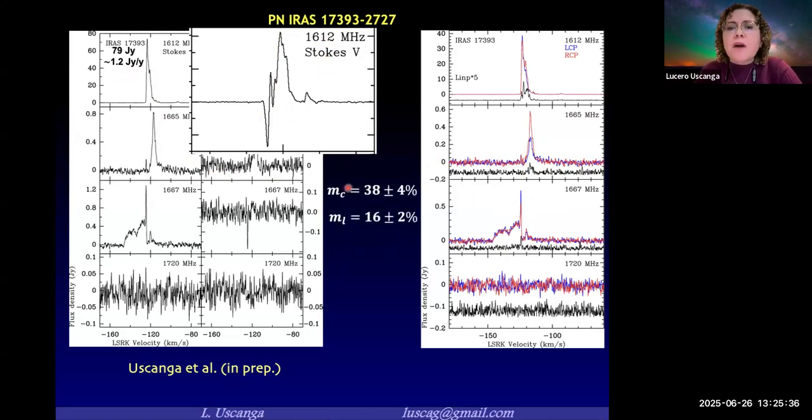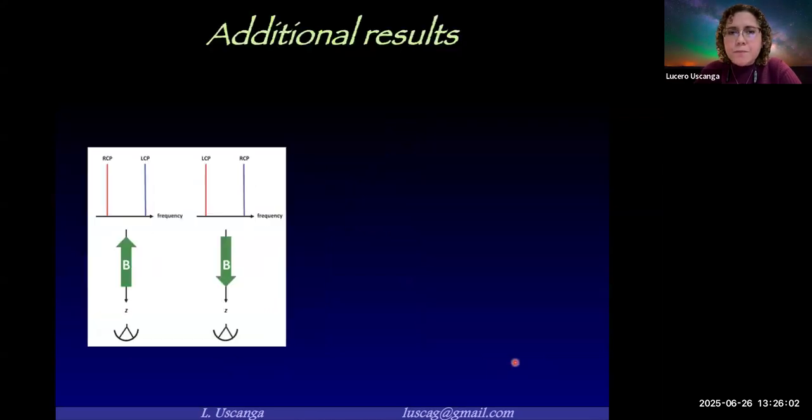In this case, we found a smaller circular polarization fraction, but it's significant. It's around 38 plus or minus 4%, and a linear polarization of 16 plus or minus 2%. If we analyze in detail this spectra, we were able to estimate a magnitude for the magnetic field between 3 and 20 milligauss for this source.